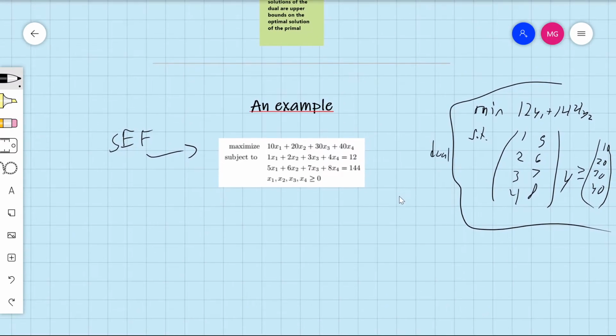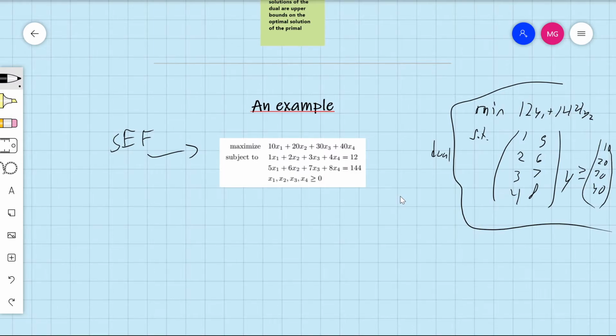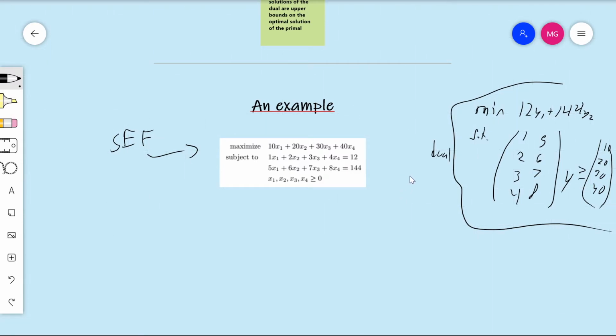Okay, and so we can do that every time. We can just mechanically write down what the dual linear program is, and now we know that any vector y that satisfies the constraints of this linear program, when you plug it into this objective function, that value will be an upper bound on the optimal value of this linear program.